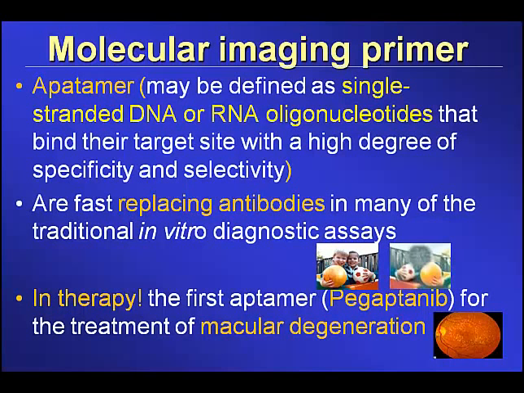So we can image the processes of molecular imaging using aptamer. For example, in therapy, the first aptamer was used for the treatment of macular degeneration, and it is used in treating and investigating certain diseases.